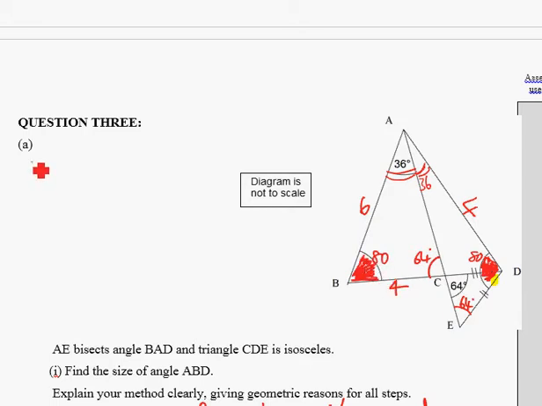So we could say that triangle ABC is similar, and of course this is answering part 3 on the next page. Triangle ABC is similar to triangle ADE.